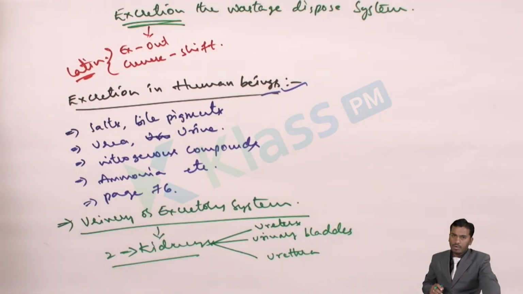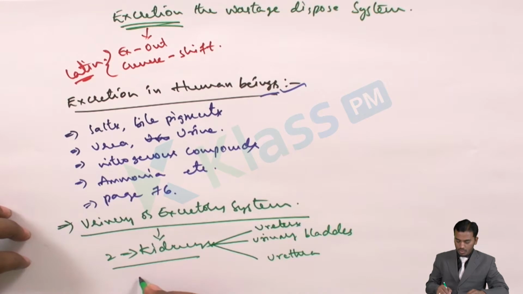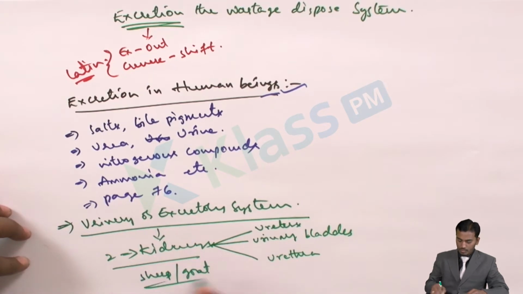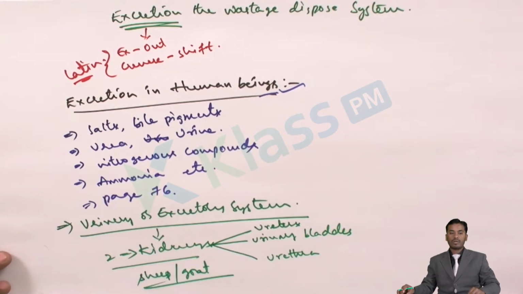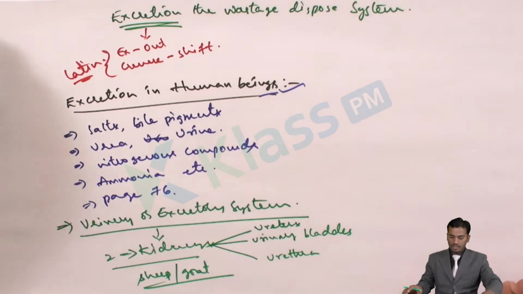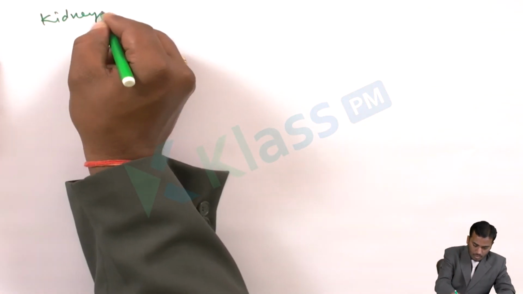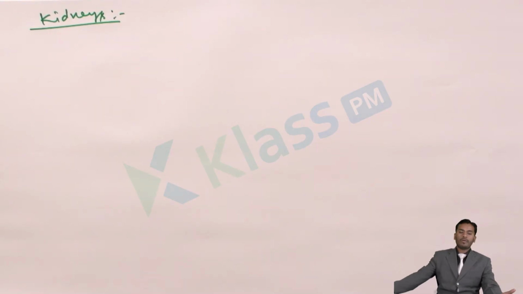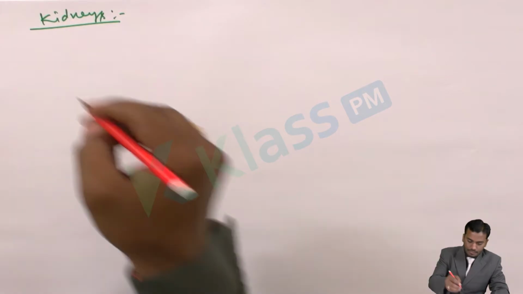Now we will learn about the kidneys. If you want to see the kidney of a human being, you can look at the kidney of a sheep or goat, because they look similar and are the same as human kidneys. In human beings, there is a pair of bean-shaped kidneys.